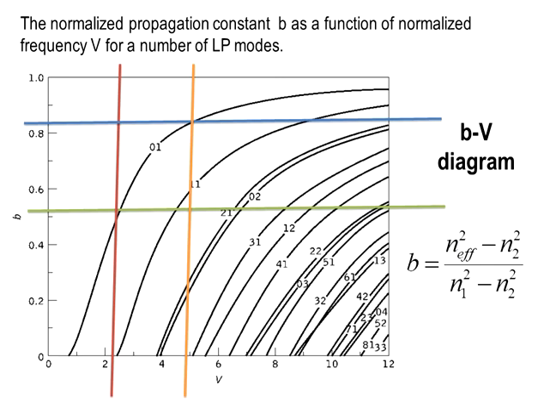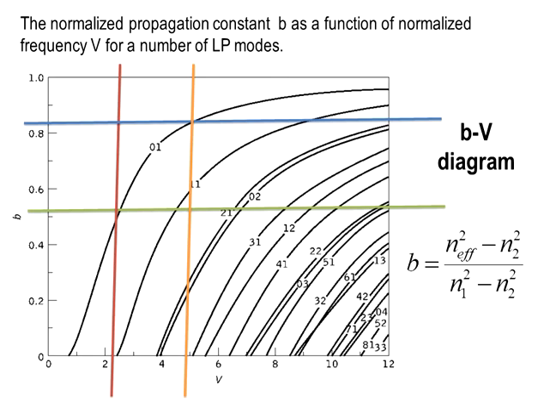So when V number is less than 2.405, the wavelength will be more, right? And when this V number is greater than 2.405, the wavelength will be less. So we can say whenever the wavelength is less than the wavelength at V number 2.405, it will support more than one mode.